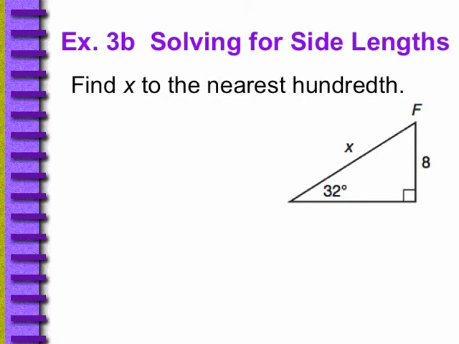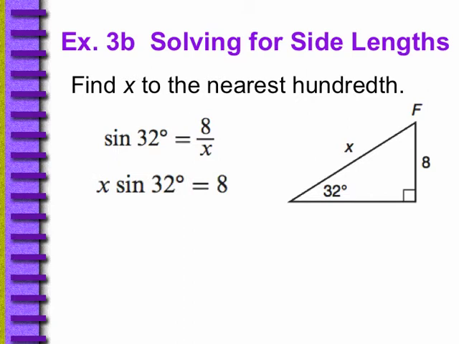So sine is the best trig function to use because that's opposite over hypotenuse. We know that x times the sine of 32 degrees equals 8. Some people solve this by cross-multiplying, and then they'll divide both sides by the sine of 32 degrees to get approximately 15.10 for x.